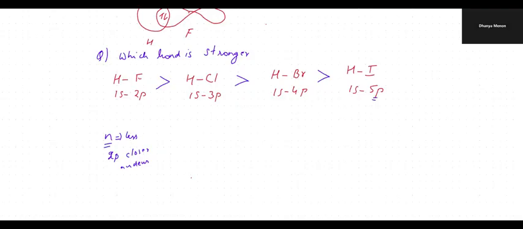Now, bond strength depends upon the N value. If the N value is less, bond strength will be more.